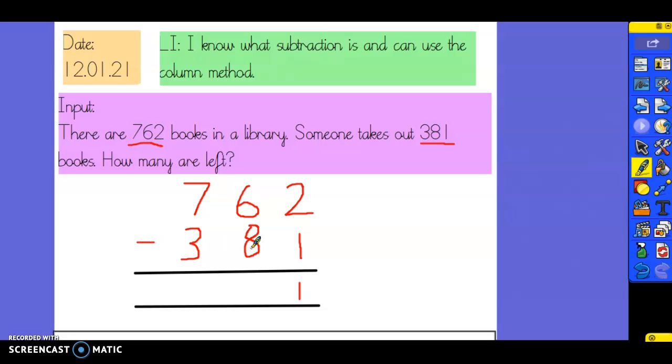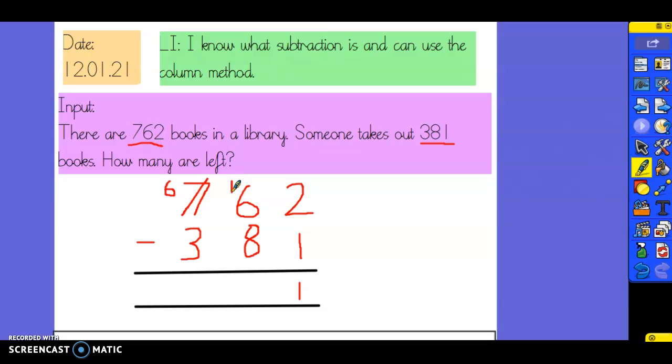6 take away 8. Now we know we can't do that because the largest number is at the bottom. So in subtraction we know we can't do that. So we have to, that's right, exchange. So we cross out the 7 and we change that into a 6. Correct.